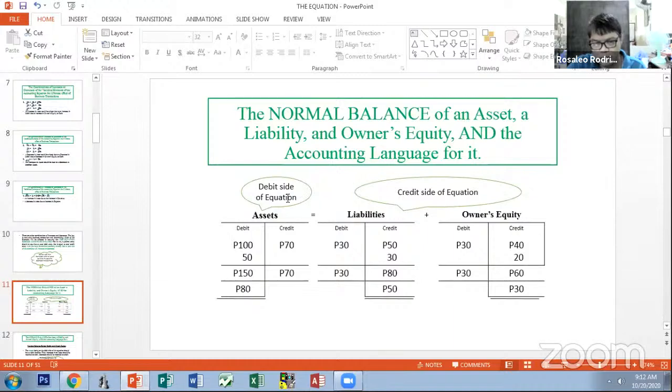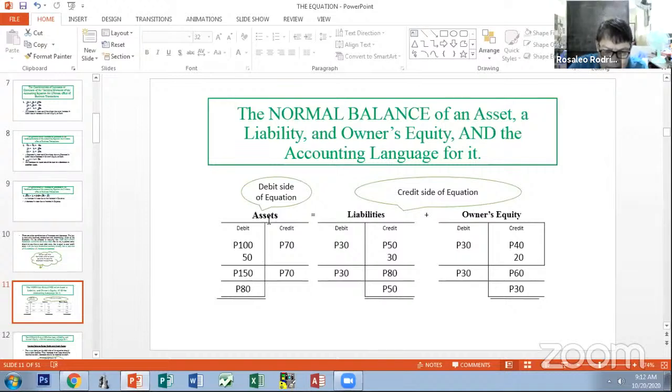Now, this debit side of the equation, which refers to the assets being on the debit side of the equation, must have a normal balance of a debit.